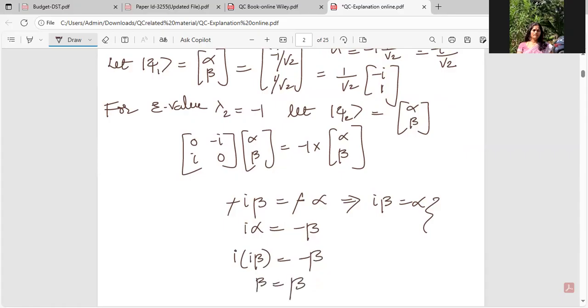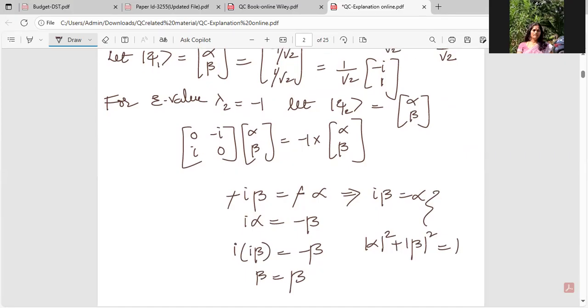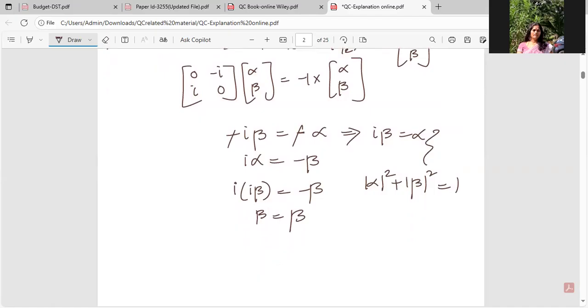I will go with this version where mod alpha square plus mod beta square is equal to 1. So what I have got is mod alpha square. Just see here, I am in complex or imaginary numbers. So mod alpha square is nothing but alpha into alpha conjugate plus beta into beta conjugate, guys.